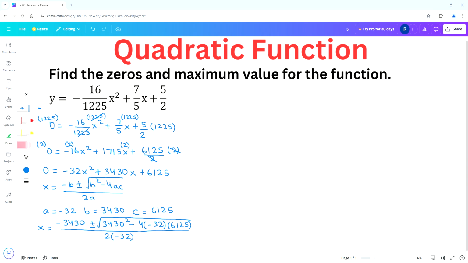Now we can evaluate this expression. 3430 square is equal to 11,764,900. Negative 4 times negative 32 times 6125 is equal to 784,000.